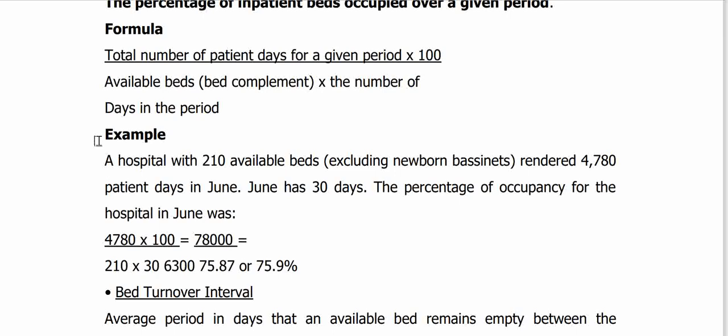Okay, so for example, a hospital with 210 available beds, excluding newborn bassinets, rendered 4,780 patient days in June.